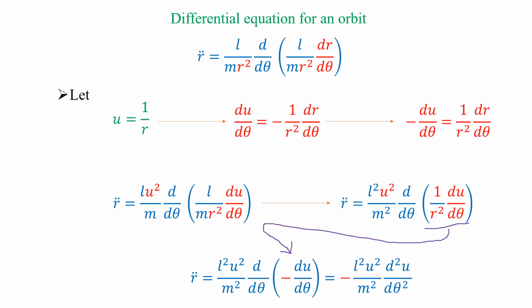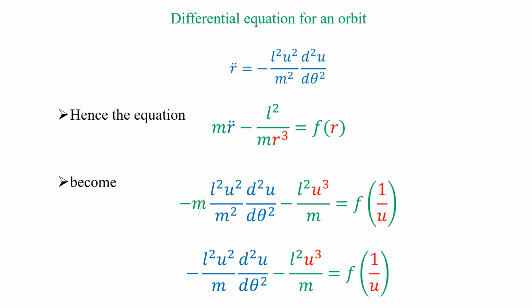Naturally, here there is one d by d theta outside. Here the minus you can take outside. Then this is equal to d2u over d theta 2. Of course, there is a common term minus L squared u squared over m squared. We have seen that r double dot is equal to this term.